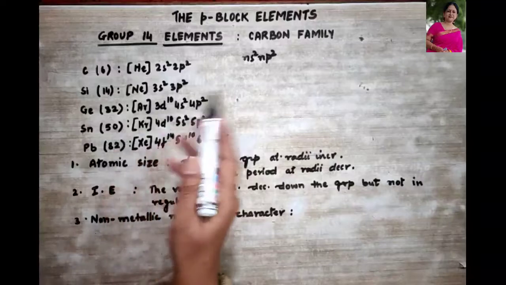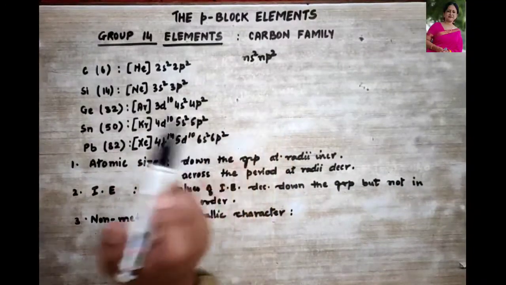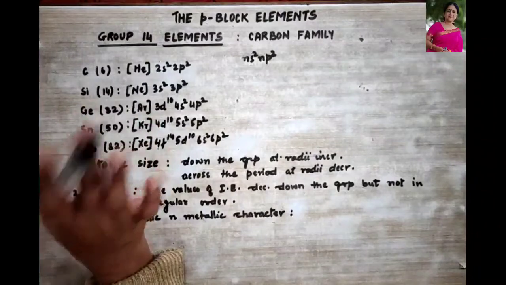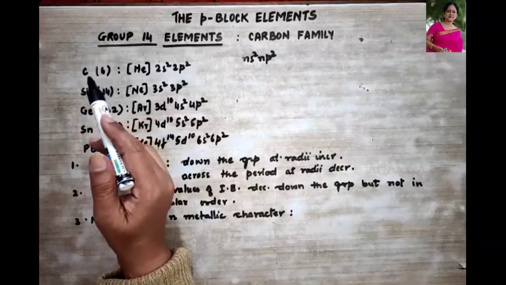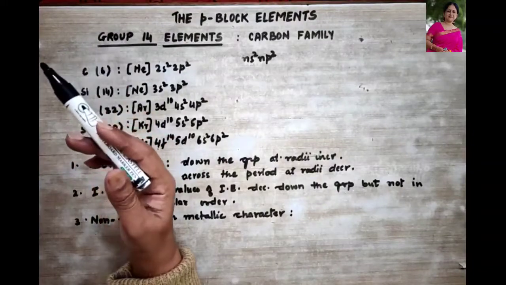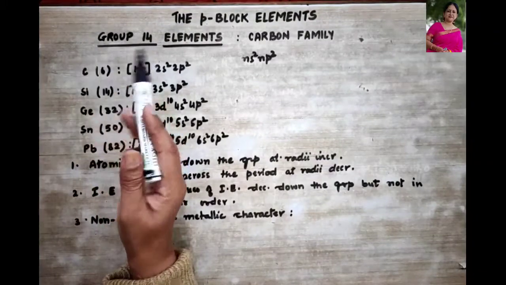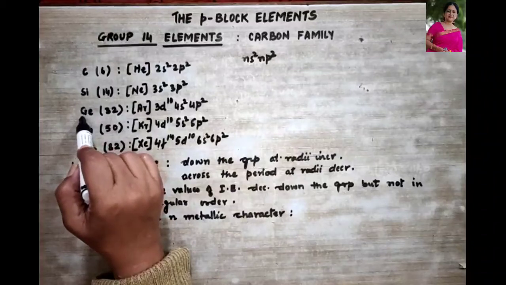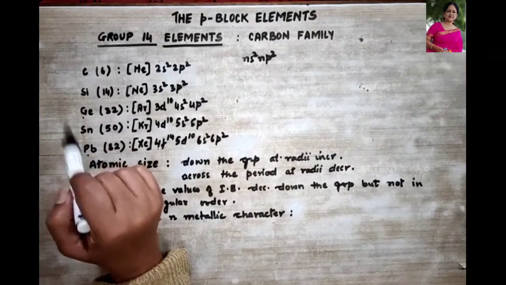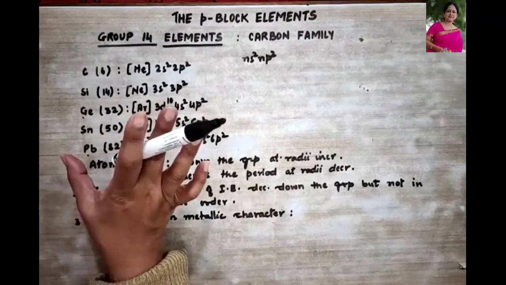Why so? Because the number of shells are increasing, right? So carbon and silicon are distinctly non-metals, even though the electrical properties of silicon are like those of the metalloids. Germanium is a metalloid, while tin and lead are typical metals.